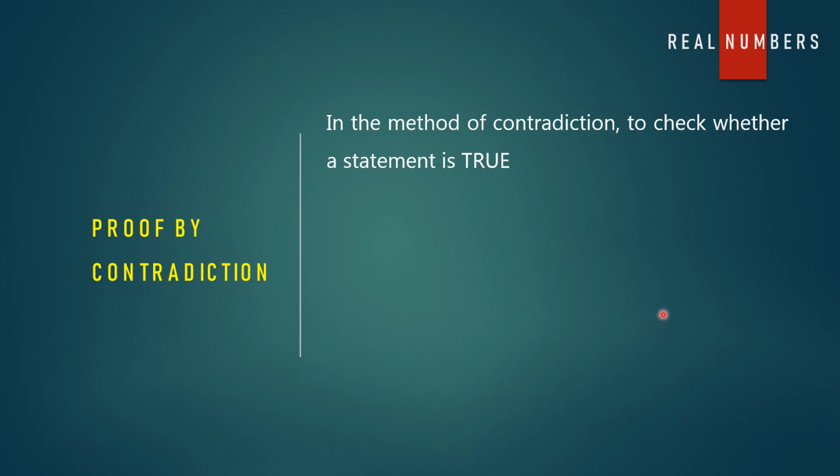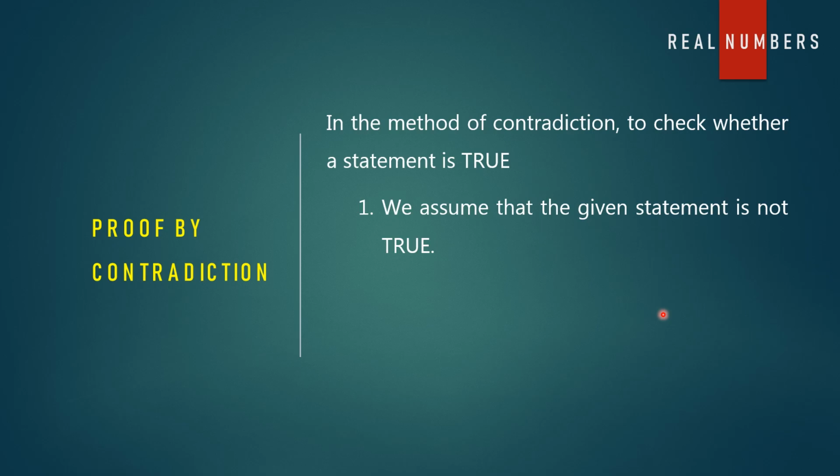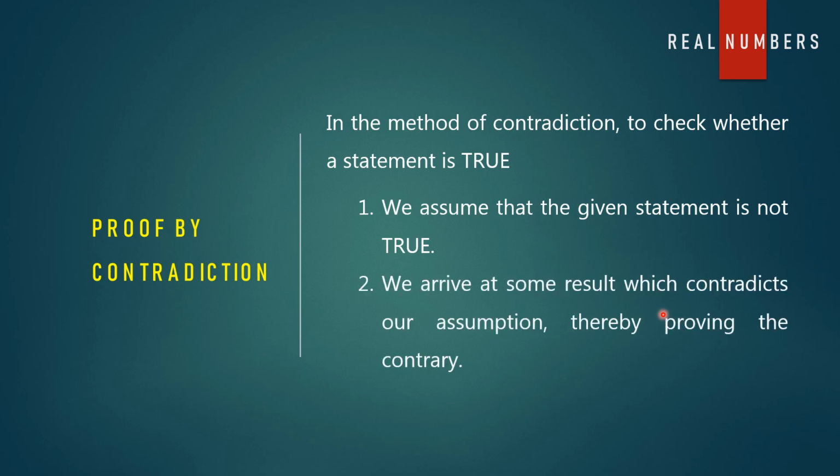To check whether a statement is true, what we will do is assume that the given statement is true. We arrive at some result which contradicts our assumption, thereby proving contrary.